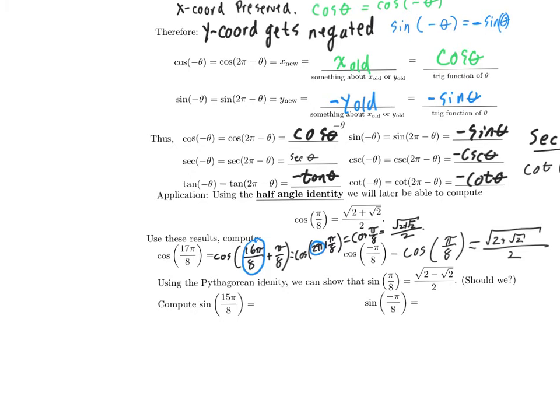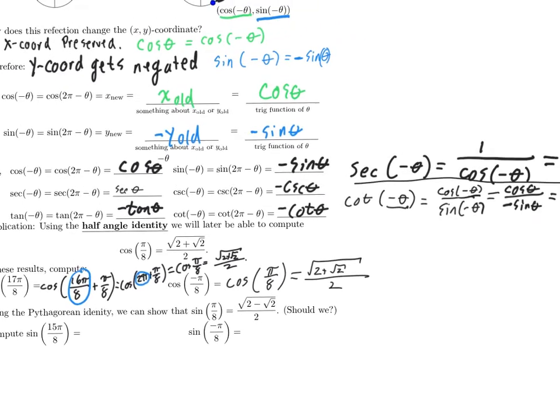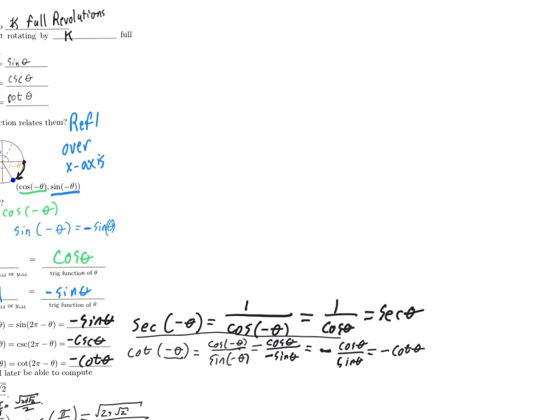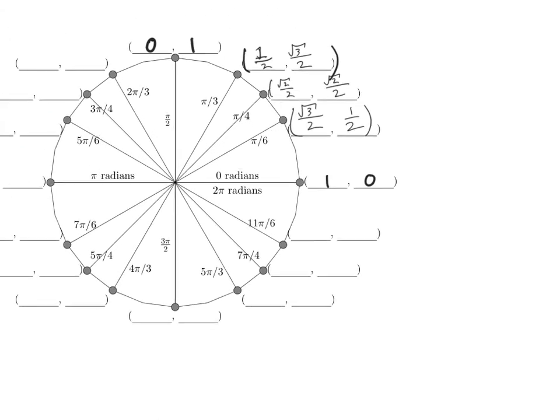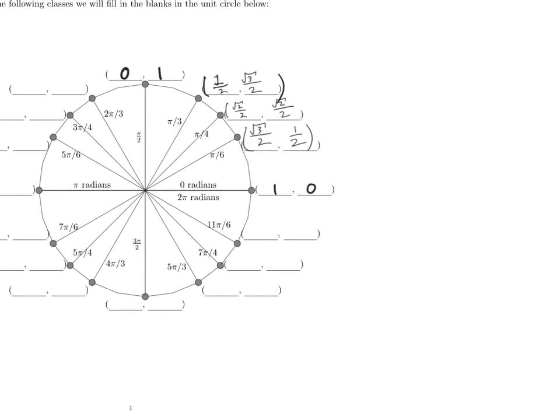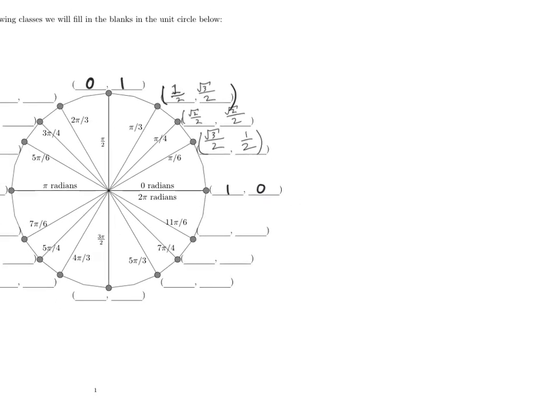So let's do one more thing with this. Actually, I can do something with the unit circle to the right. Let's try to fill in some entries in that unit circle. Let's try to figure out trig functions at 11 pi over 6, 7 pi over 4, and 5 pi over 3.